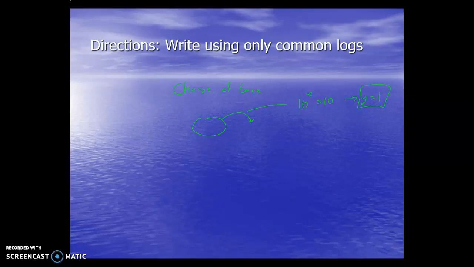All right, here's another example of change of base: using it to write this using only common logs. You have log base 4 of 10, so you could rewrite it as log base 10 of 10 on top. On the bottom, remember, you write the old base in the denominator, so log base 10 of 4, where the understood 10 is there but you don't see it.